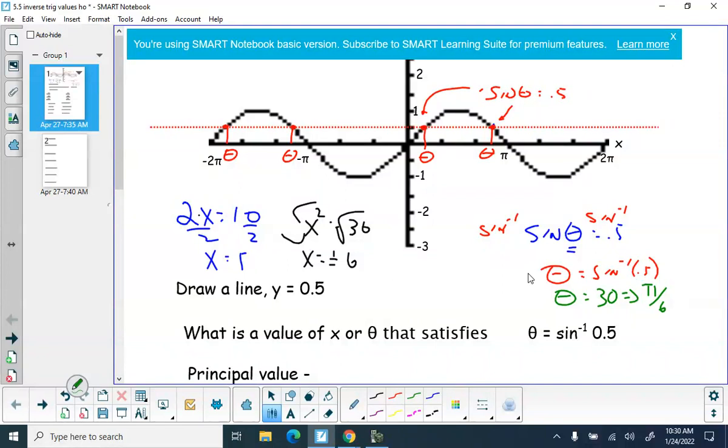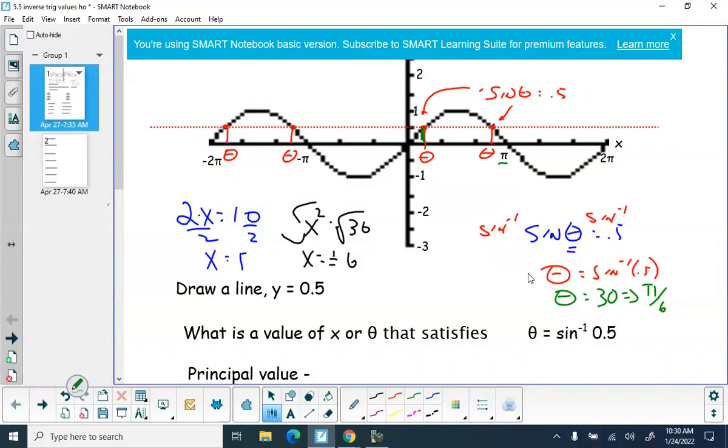If I take a look, here's my value of pi. If I divvy this up into 6 places, I would be pi over 6. The problem we run into is we get one value. Your calculator gives us one value and one value only.